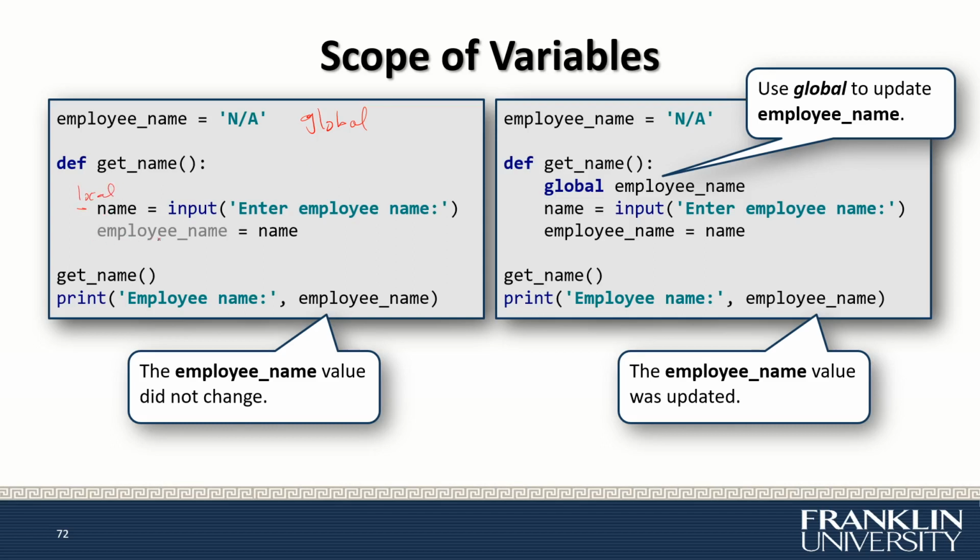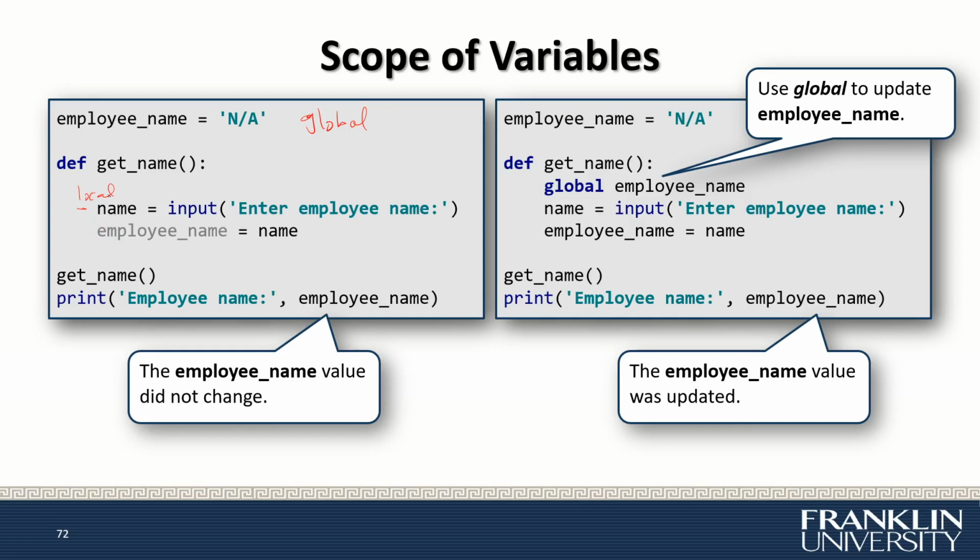So what about this employee_name? Well, this employee_name is a global variable, but this will not work. This program will not update the global variable because it would think this is a local variable employee_name. And what did I say about local variables?